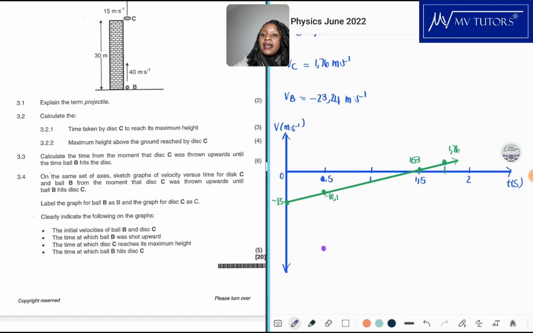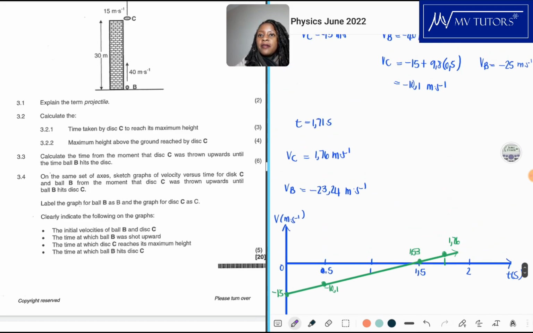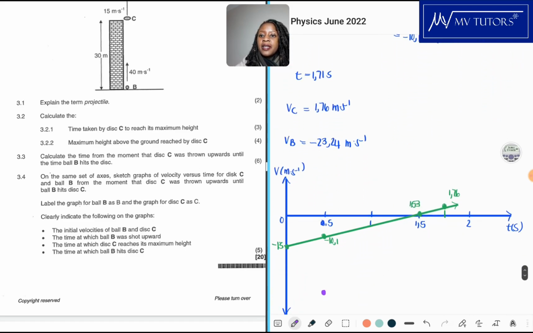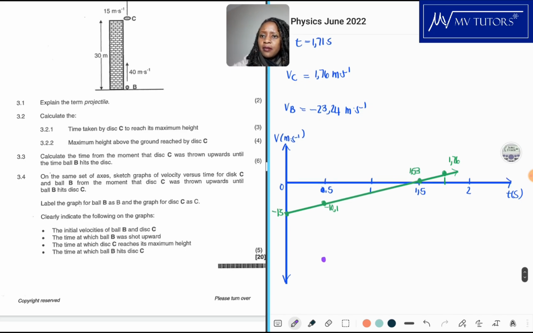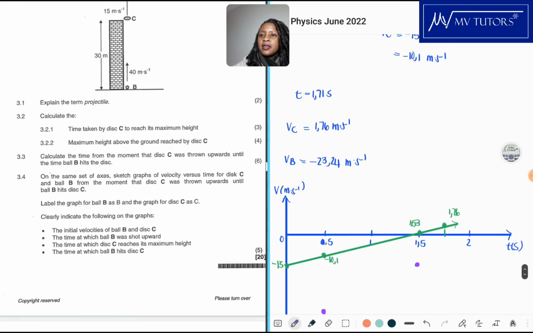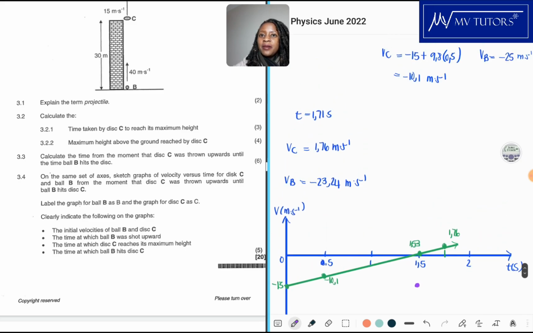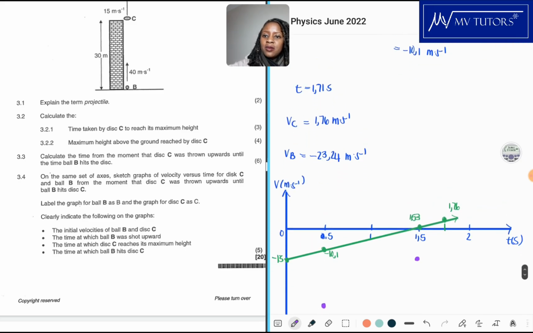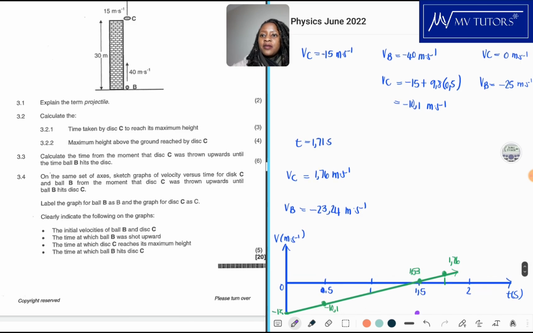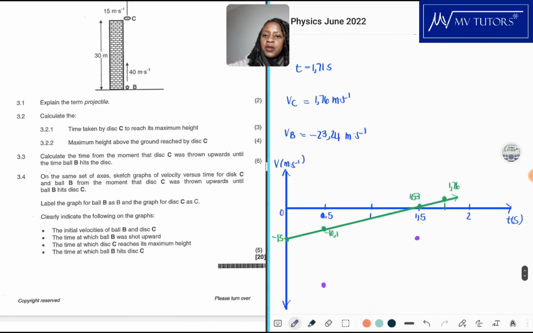And then at 1.53 it was -25, so somewhere there I suppose. And at 1.71 seconds we had -23. Not so far off. -25, now we have -23. So it didn't really move by much.